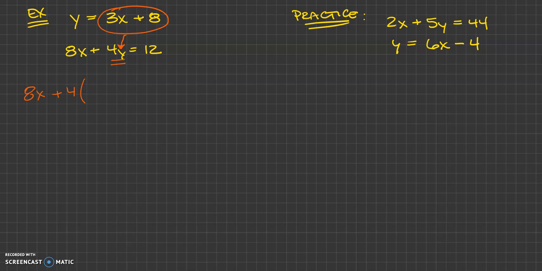Remember that when the integer and the variable are butted up to each other, that's multiplication. But as soon as you throw in something like 3x plus 8, then distribution is going to have to take place. And I'll show you that again in a moment. Equals 12. So that's what it looks like. This whole section right there used to be y.